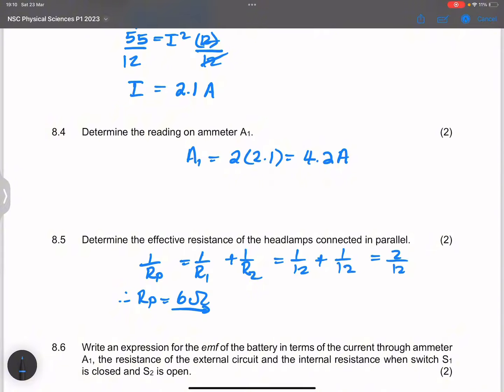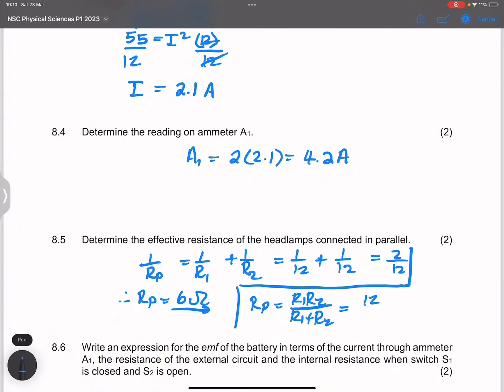Now, please, ladies and gents, if you've got two resistors, you may be able to use R parallel equals R1 times R2 over R1 plus R2. So that's 12 times 12 divided by 12 plus 12, and this gives us 6 ohms still.